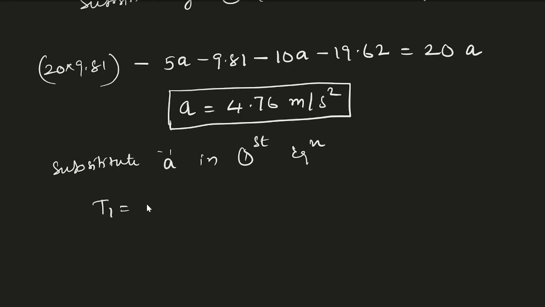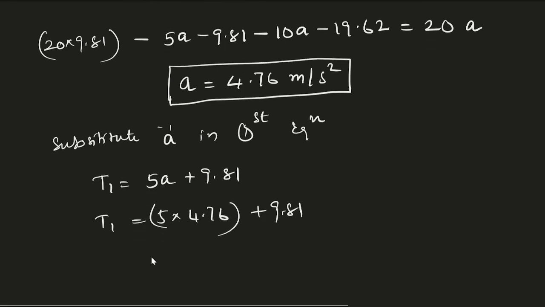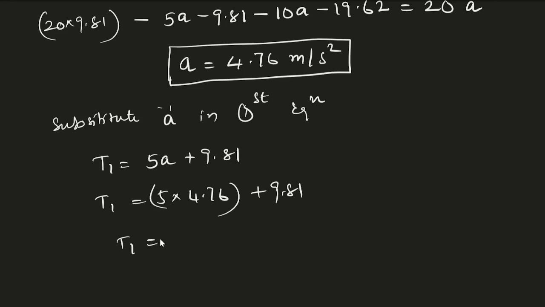T1 equals 5A plus 9.81, so T1 equals 5 into 4.76 plus 9.81. Let me calculate it: 5 into 4.76 plus 9.81 gives me 33.61 Newton. This is tension 1.